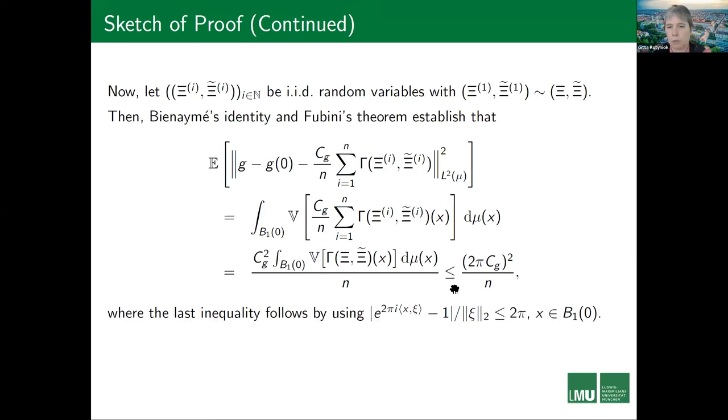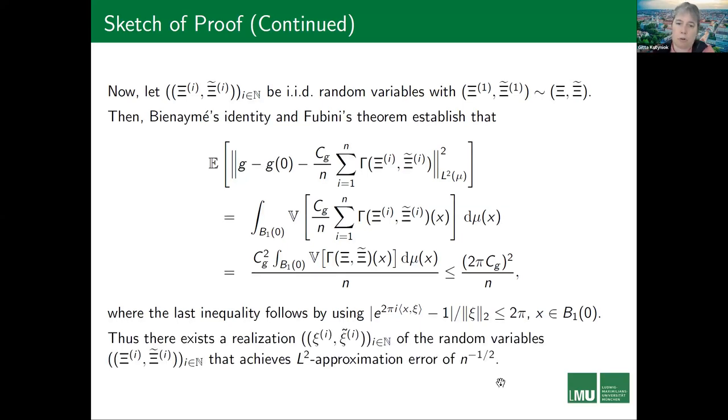Then this error I can bound in this way, where now you see only the n appears and not the d. So here you get this rate which you actually aim for, and so then you get a realization so that the L2 error is of this order.